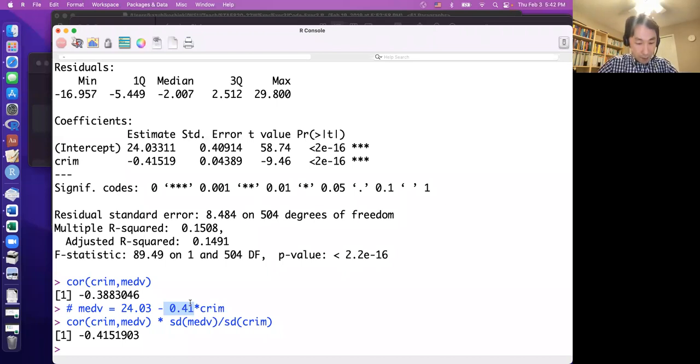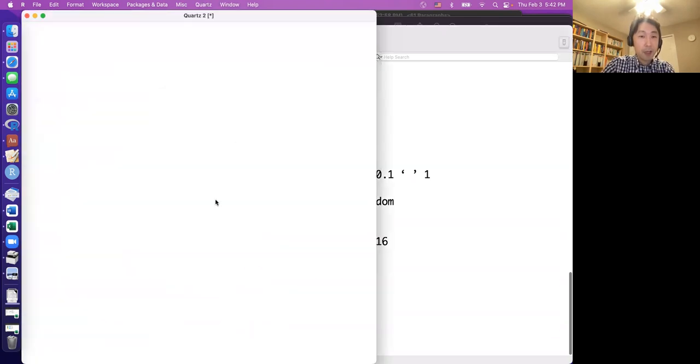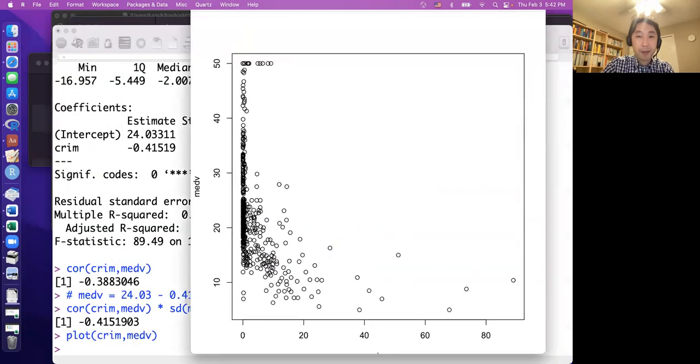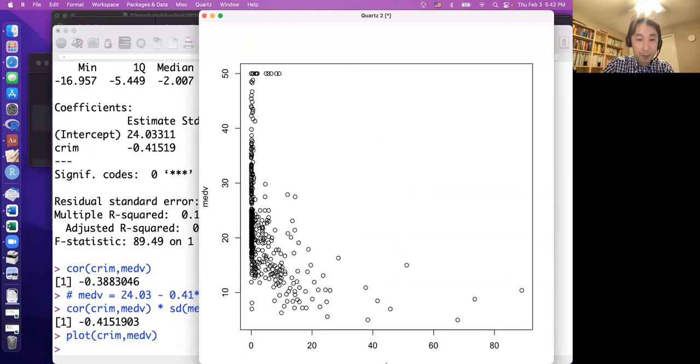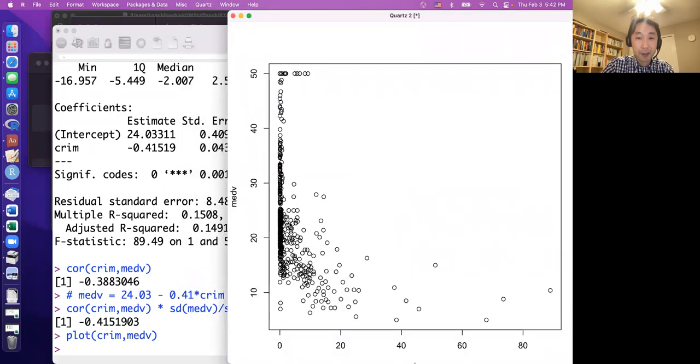Okay, so the next one. This time we try the confidence interval for this regression line and the prediction interval of the regression line. So we can make a scatter plot in this way. Okay, so this is a little bit problematic. Many values are concentrated at 0.